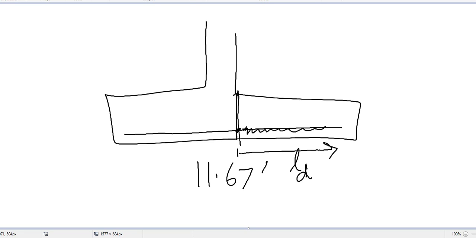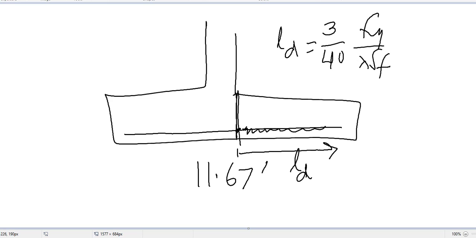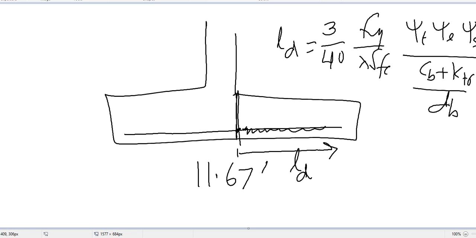You should calculate development length, and I discussed how to calculate it in another video. It is this equation: lambda f prime c psi t psi e psi s divided by cb plus k tr divided by diameter of the bar, times the diameter of the bar. This way you have to calculate your development length.